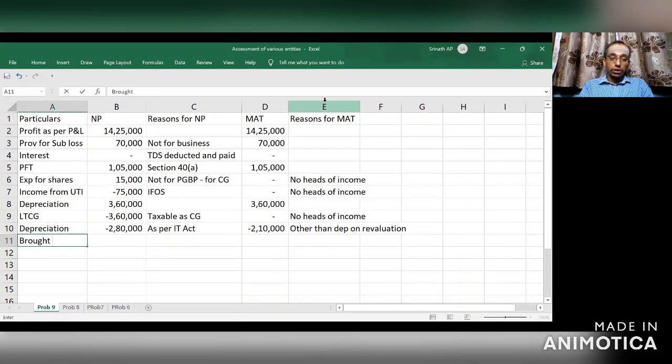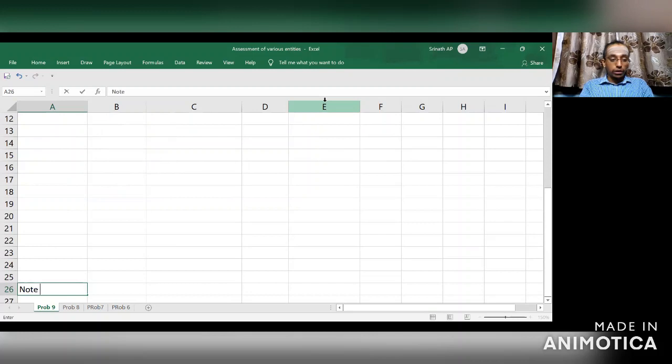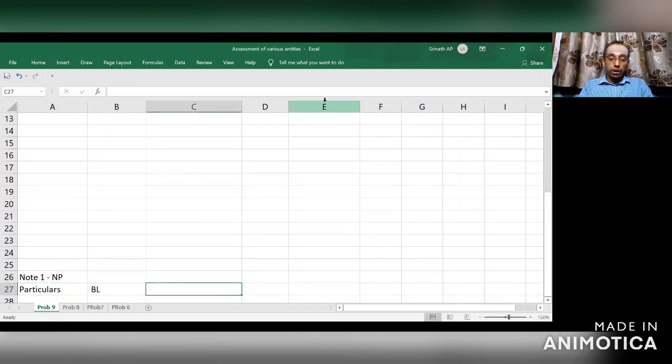Brought forward loss. Note 1, then mode 2. Let's go to mode 1, normal provisions. NP is normal provisions. Particulars: business loss, unabsorbed depreciation.